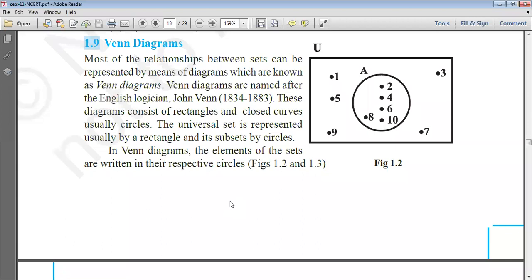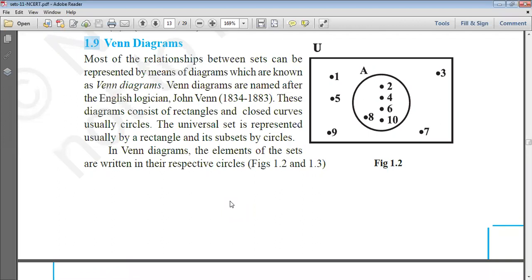It's not properly a representation, but with the help of diagrams, with the help of two types of figures, the mathematician who developed this concept showed that sets can be represented and interpreted using some diagrams.